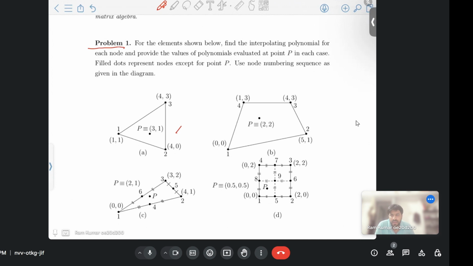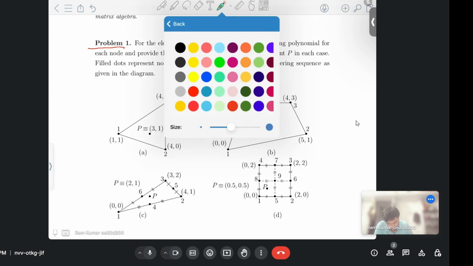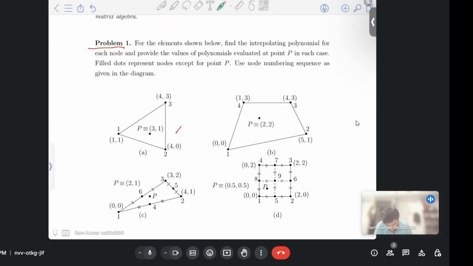Filled dots represent nodes. So these are the nodes: node 1, node 2, node 3. Similarly for this figure also: node 1, node 2, node 3, node 4. The node numbering is given in the anti-clockwise direction like this.